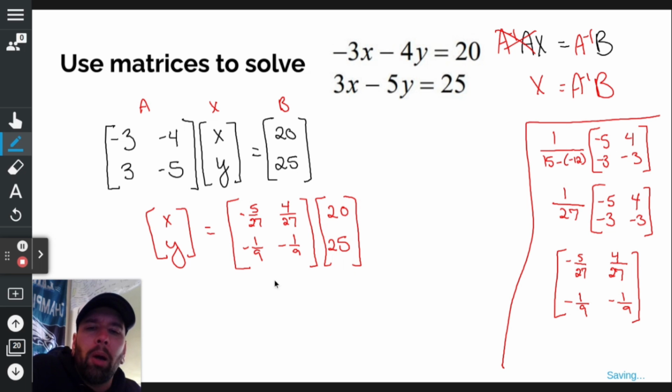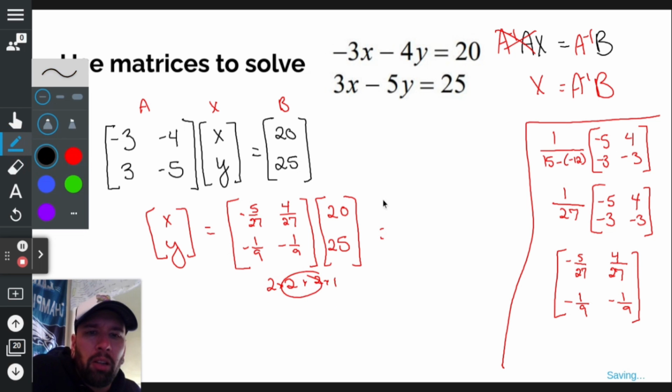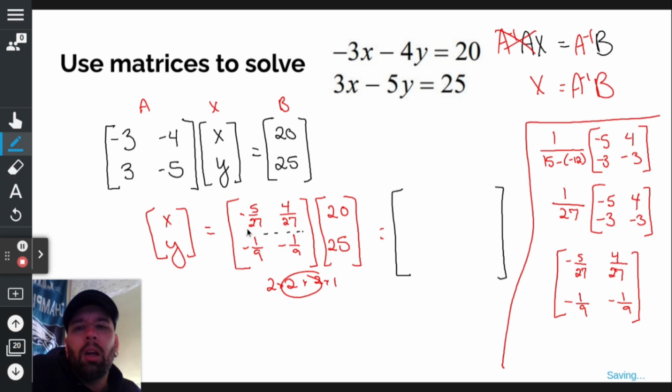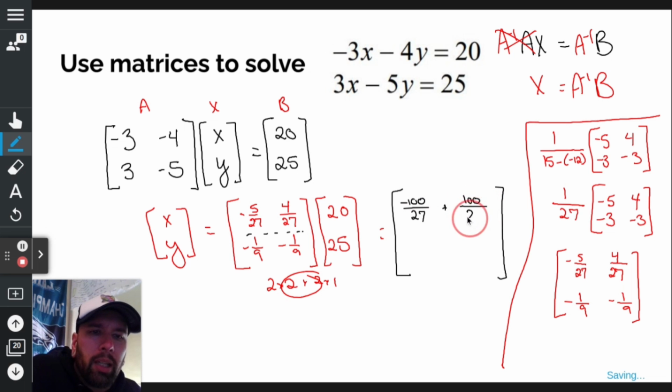So this is a 2 by 2 times a 2 by 1, which means we'll get a 2 by 1. That's not so bad. Okay, split up. Negative 5 times 20 is negative 100 over 27, plus 100 over 27.